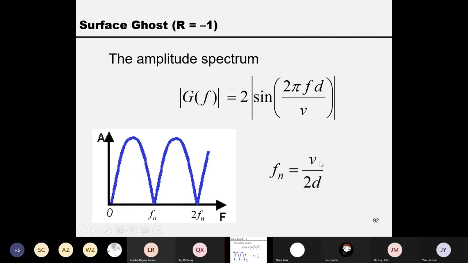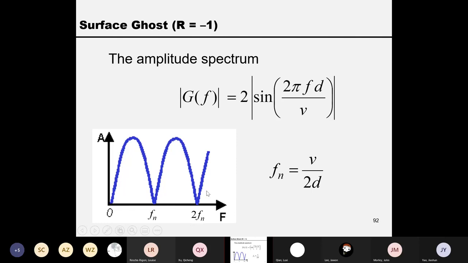Velocity is fixed, depth depends on your real case. Now you can see the notch depends on the depth, right? Okay, so the ghost will affect your data spectrum in terms of where the notch is, right?